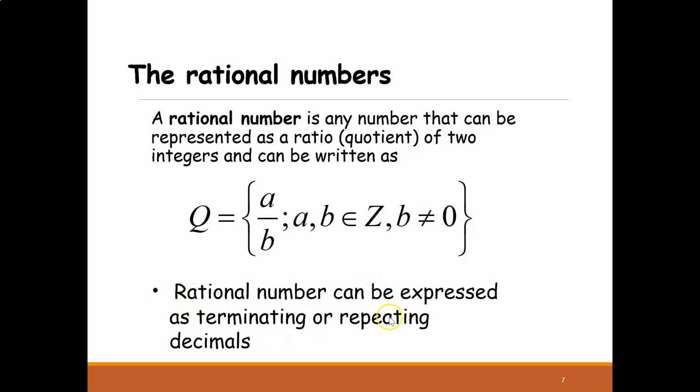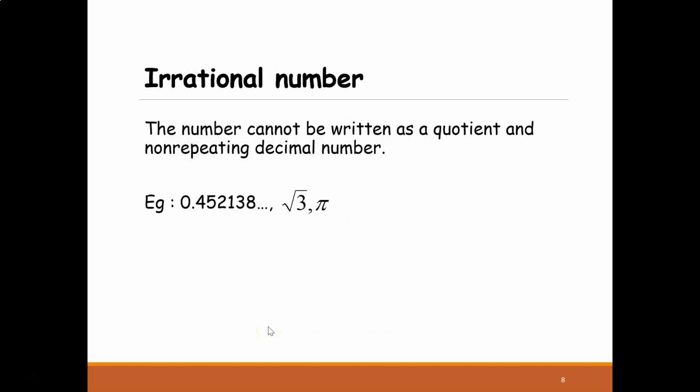Rational numbers can be expressed as terminating or repeating decimals. Maksudnya nombor rational juga boleh ditulis dalam bentuk terminating or repeating decimals. We will see what is repeating and terminating decimals later on, I will show you.